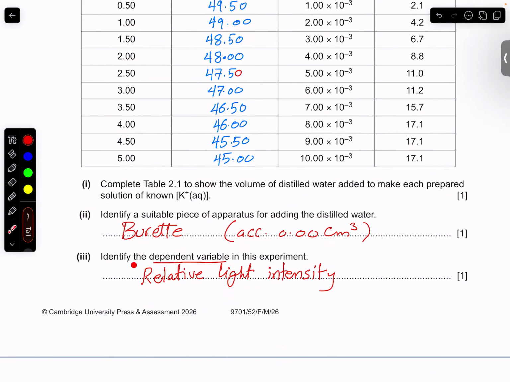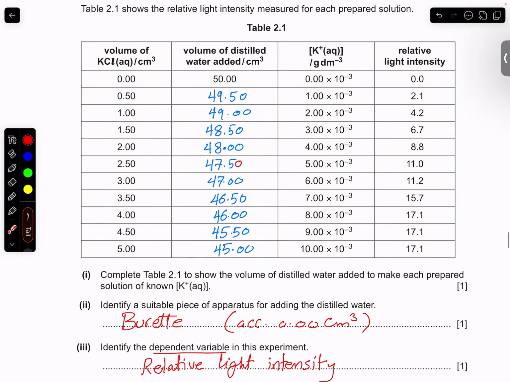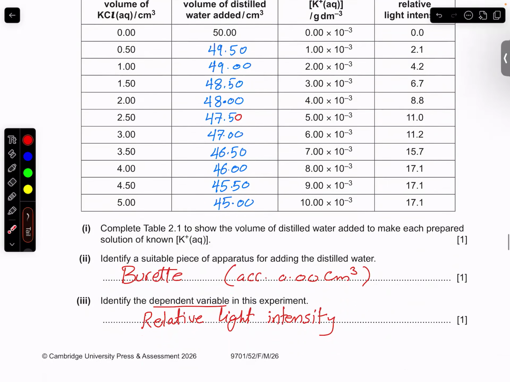What is identifying the dependent variable? The independent variable is the concentration that we are changing, the concentration of K that we change by using distilled water and KCl. This is dependent, and we measure according to it. We measure the light intensity. So the relative light intensity is the dependent variable.